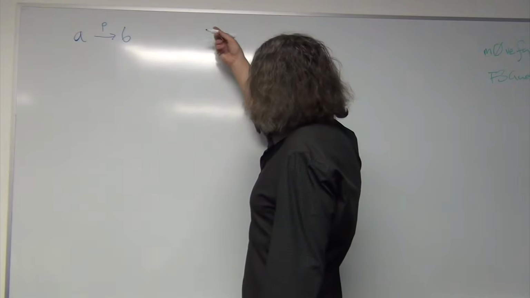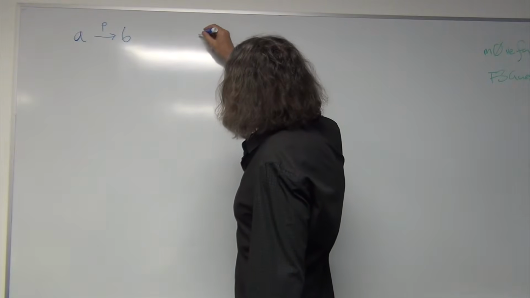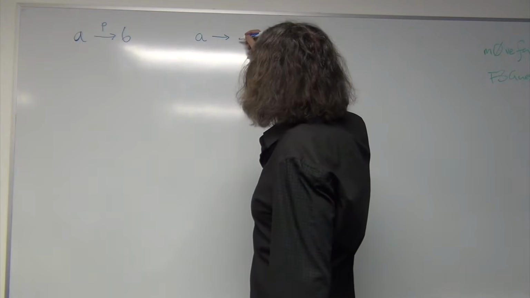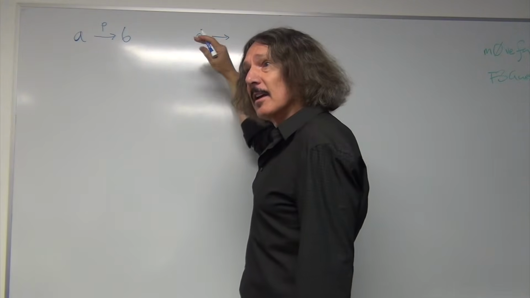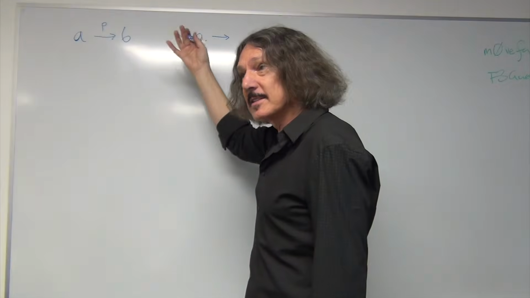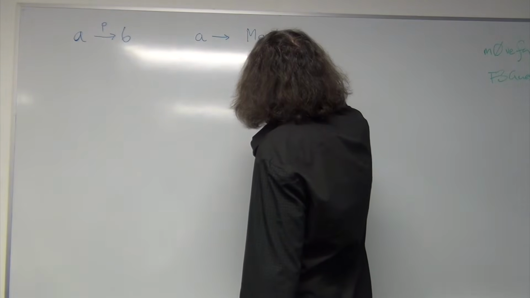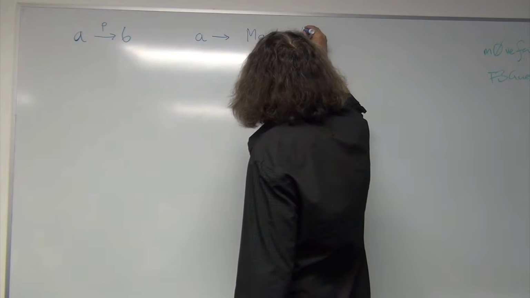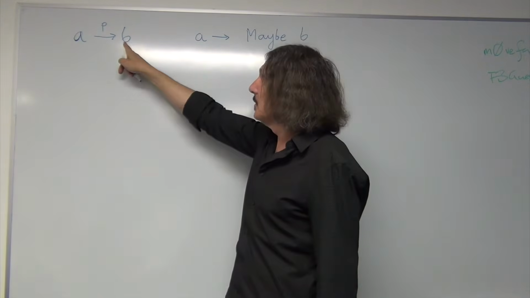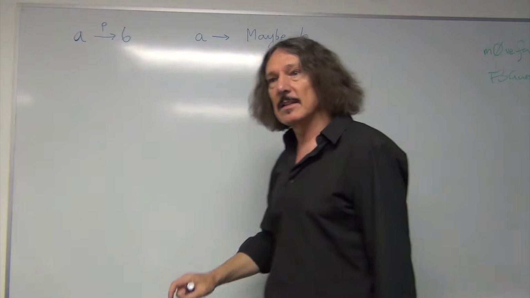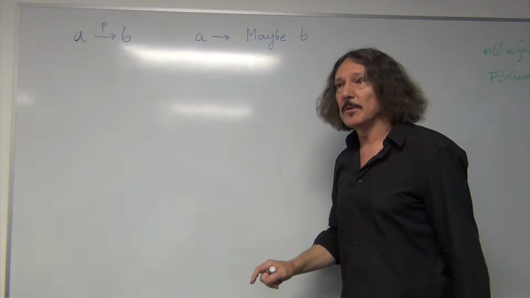The answer is simple. Why don't we just return something that can be nothing or something? Let's return Maybe B. We took this B and turned it into Maybe B, encapsulated inside the Maybe, and now we have a pure function.